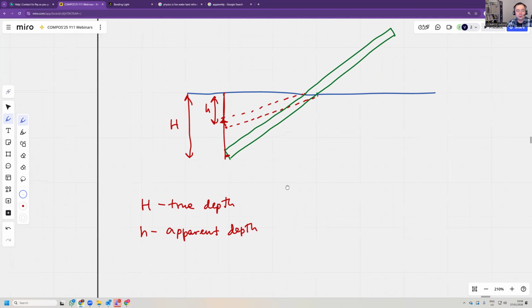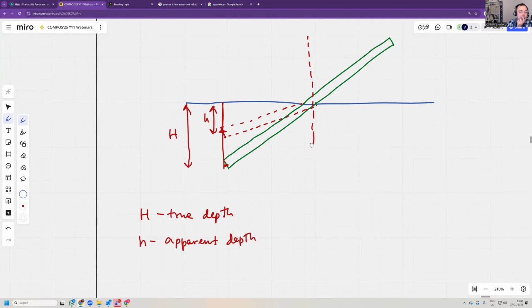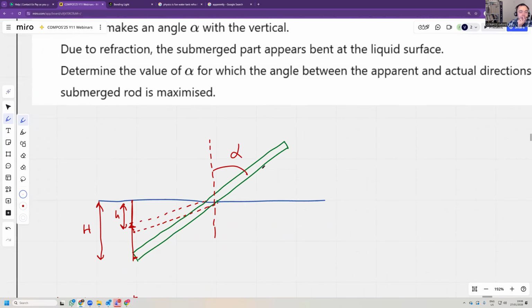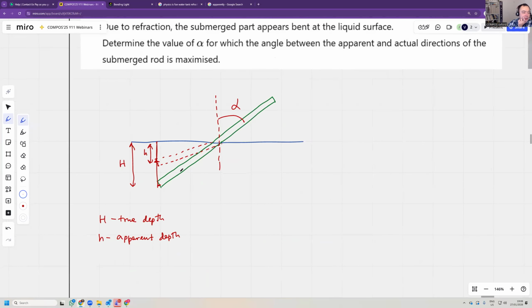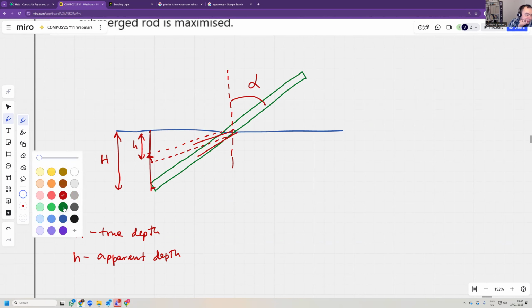Okay, and now this angle is, what does it say? The angle alpha. Alpha. And the bending angle, so the change of the angle, we'll call that angle beta. Beta. It's the change of the angle.